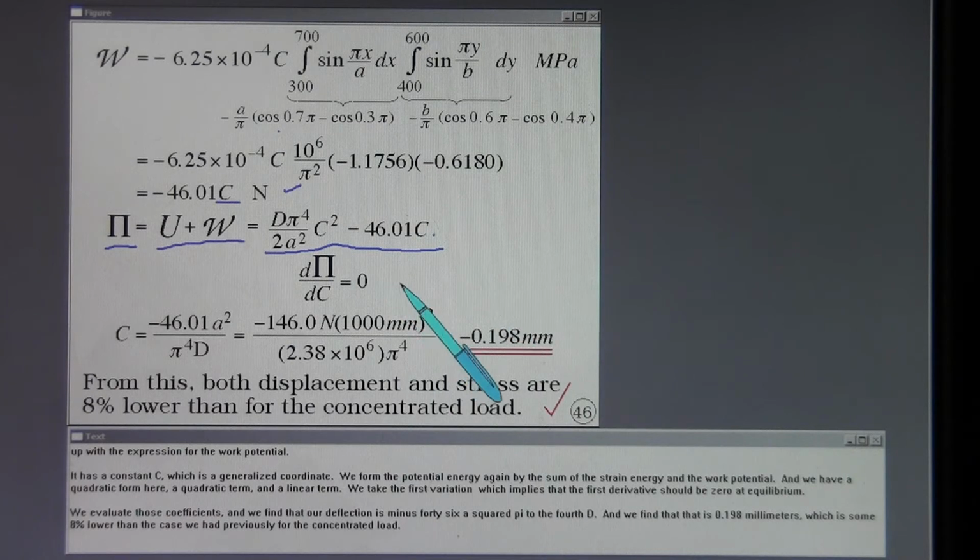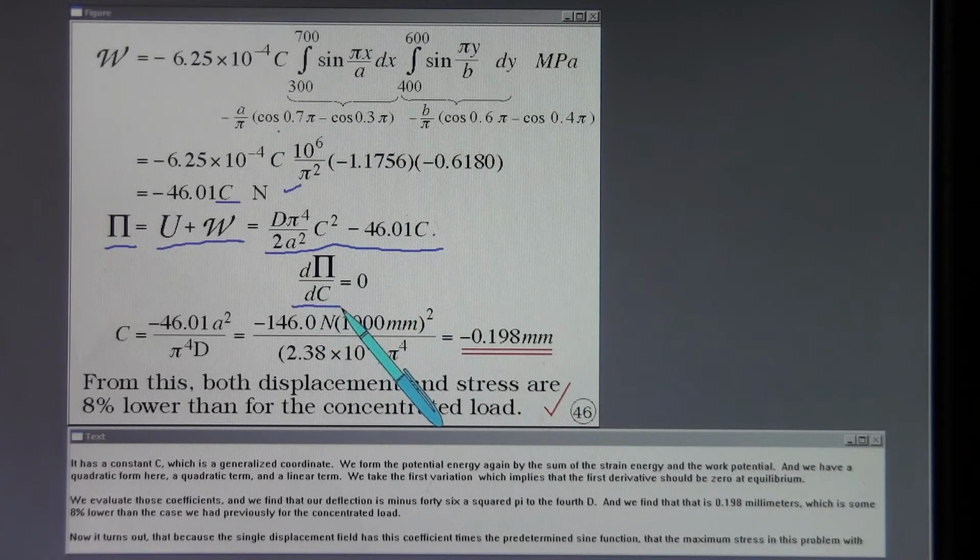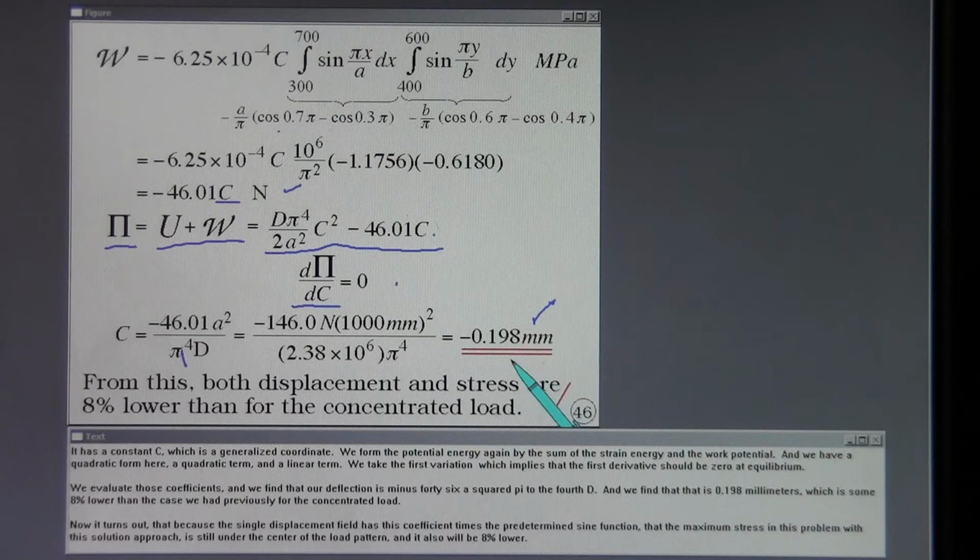We take the first variation, which implies that the first derivative should be 0 at equilibrium. We evaluate those coefficients, and we find that our deflection is minus 46 a squared over pi to the fourth D. And we find that that is 0.198 millimeters, which is some 8% lower than the case that we had previously for the concentrated load.